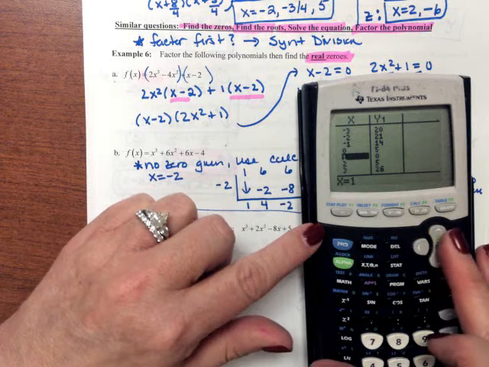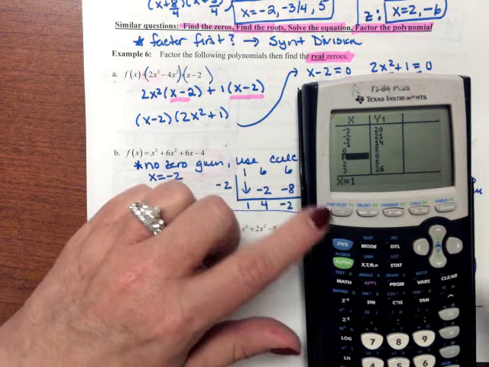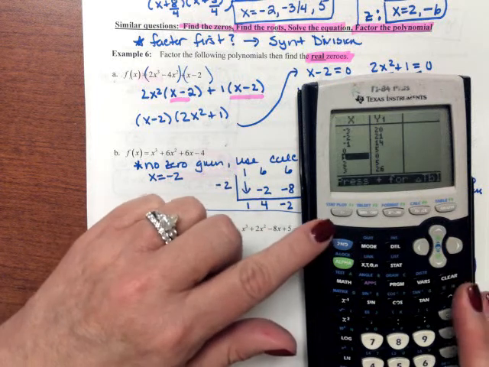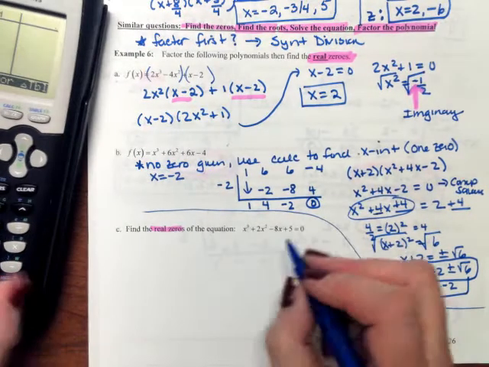So you can see you have a 0 at (1, 0). You can also use that option under second trace to find the 0 as well. So you see you have a zero at x equals 1.